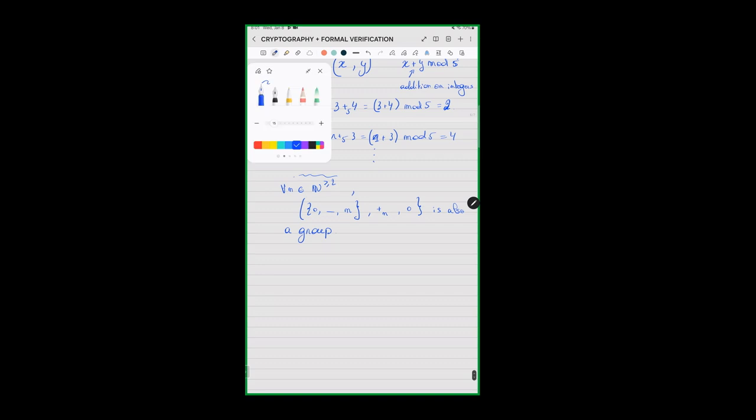I'm very often going to use this notation Zn.